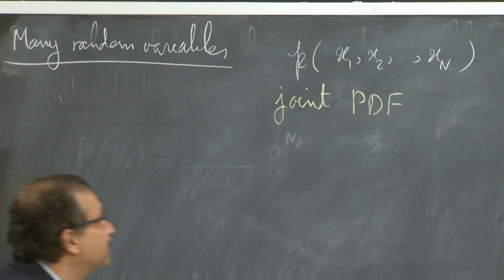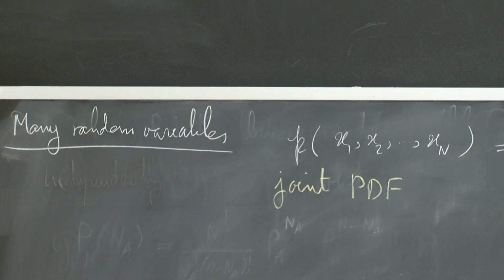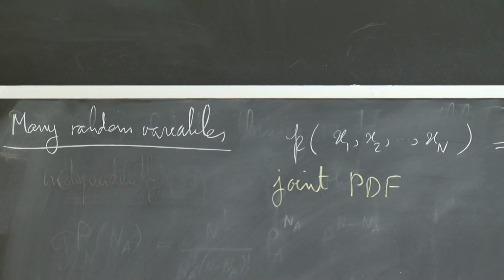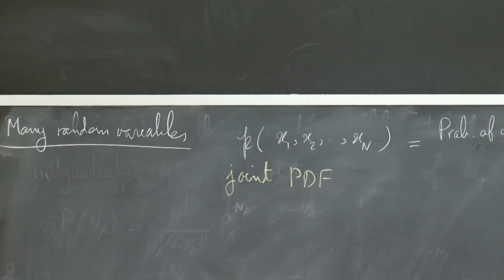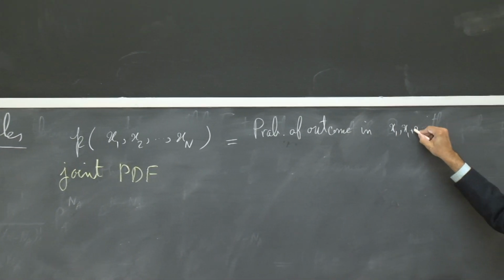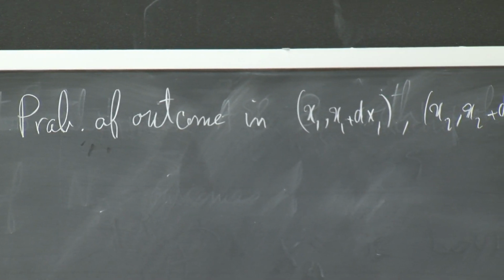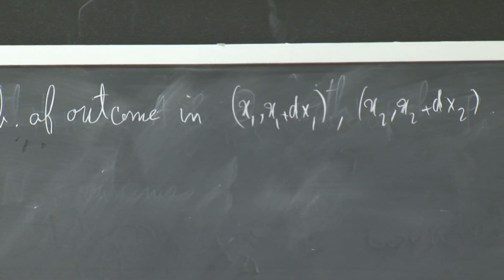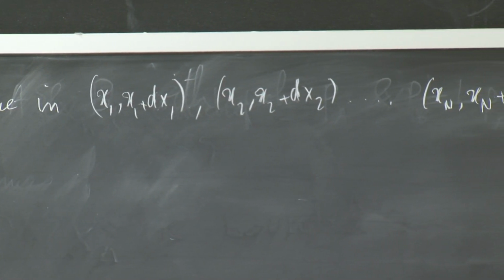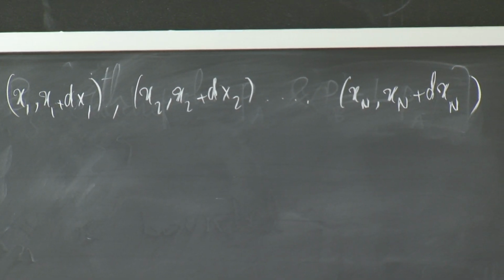And its definition would be to look at the probability of outcome in some interval that is between, say, x1 plus dx1 in one, x2 plus dx2 in the second variable, xn plus dxn in the last variable. So you look at a particular point in this multi-dimensional space that you are interested in.